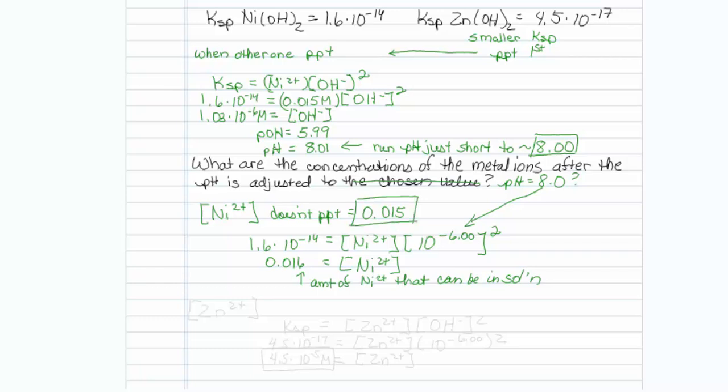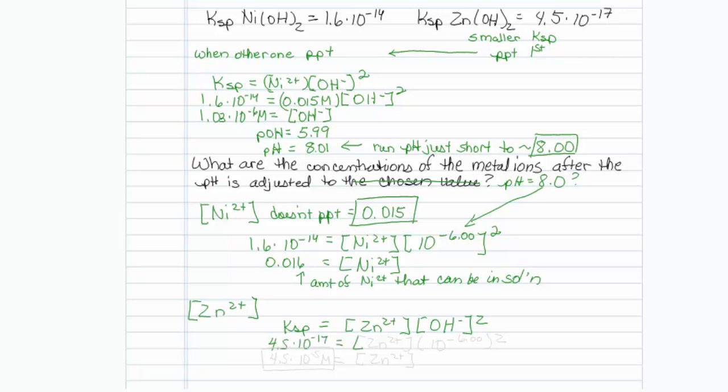Okay, let's do the same thing for the zinc now. Zinc 2+ does precipitate, so we have to take the KSP is equal to zinc 2+ times hydroxide squared. My KSP is 4.5 times 10 to the minus 17.